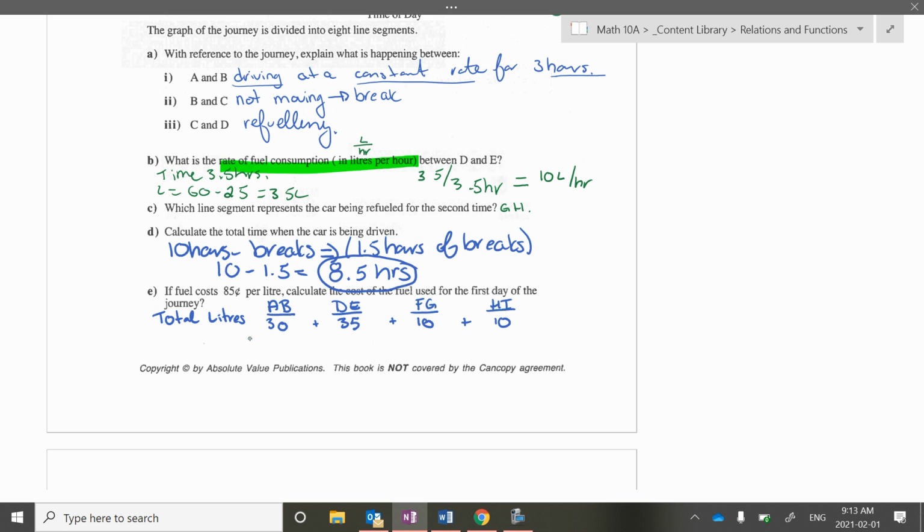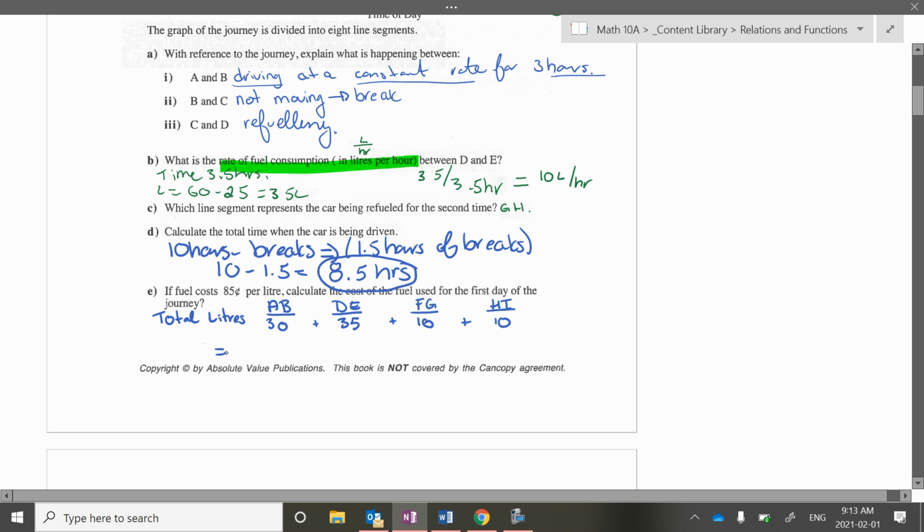Yes, you are assuming that it's constant rate the whole time. So yeah, in this case, it's pretty obvious, but I'd be careful of that. So now we know when we add that up, we get 65, 75, so we get 85 total liters.